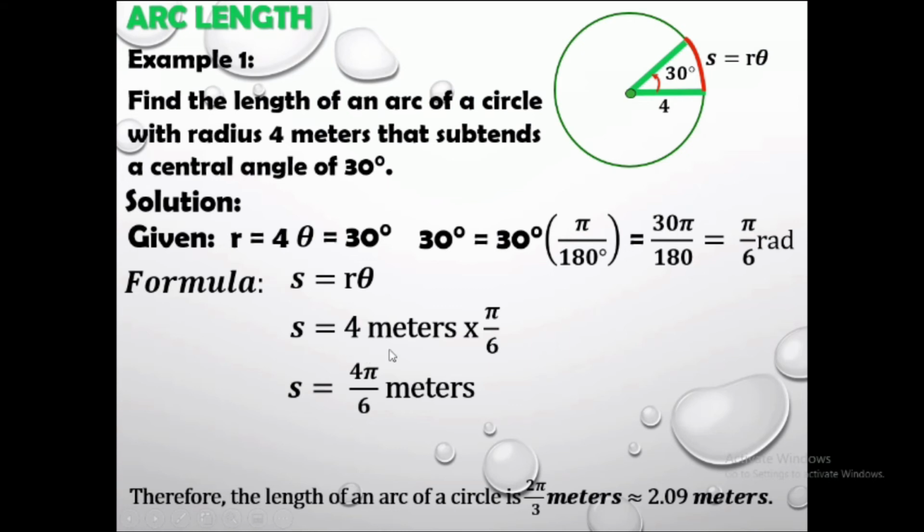So, to get the product of 4 meters times pi over 6, we have 4 pi over 6 meters, or 2 pi over 3 meters, approximately 2.09 meters. Therefore, the length of the arc of the circle is 2 pi over 3 meters, approximately 2.09 meters.